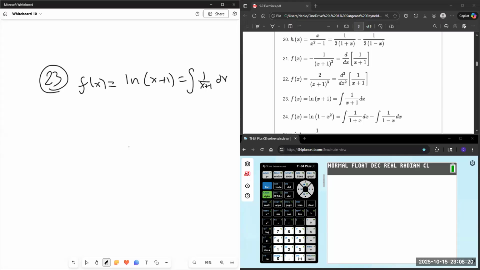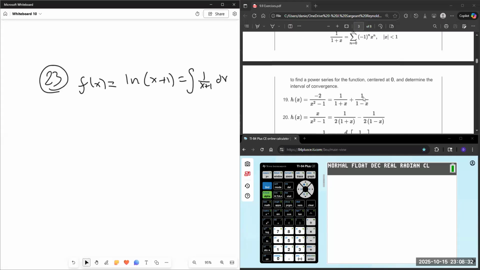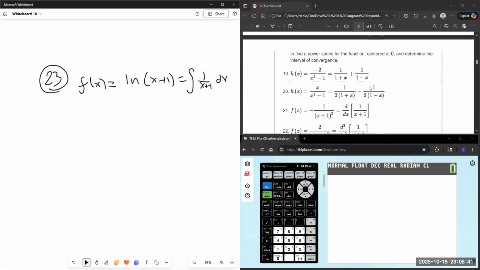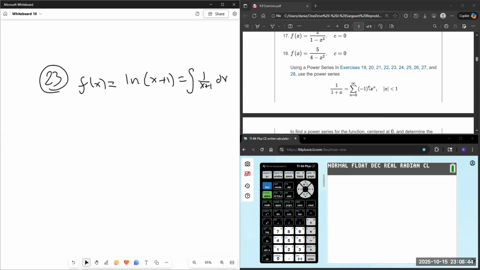So for the formula for ln of x, I think we're supposed to use the table power series that 1 over 1 plus x is equal to the sum from n equals 0 to infinity of (-1) to the n, x to the n for absolute value of x less than 1.